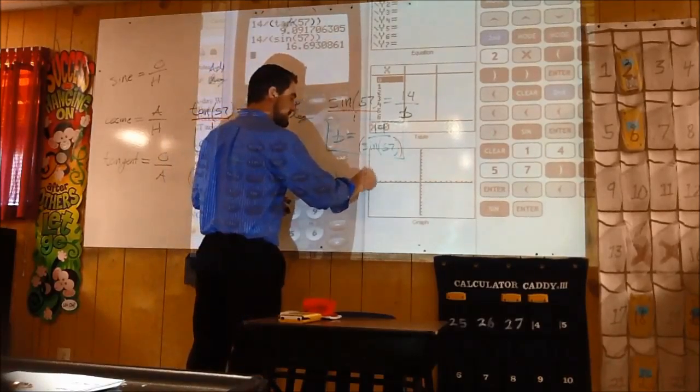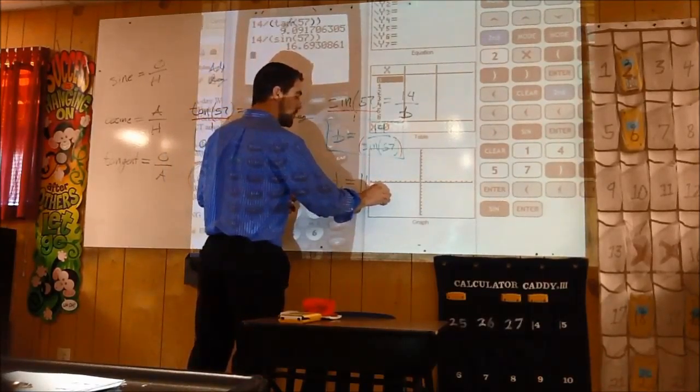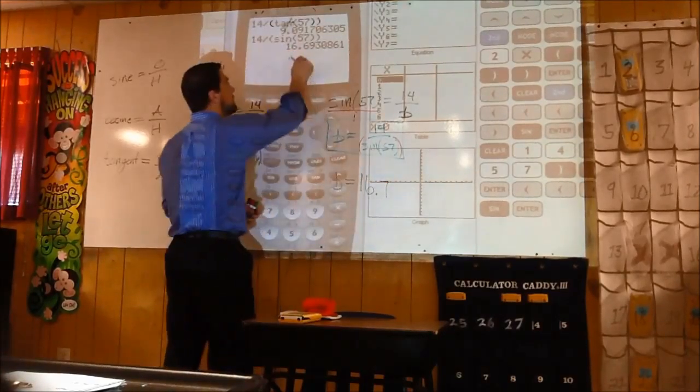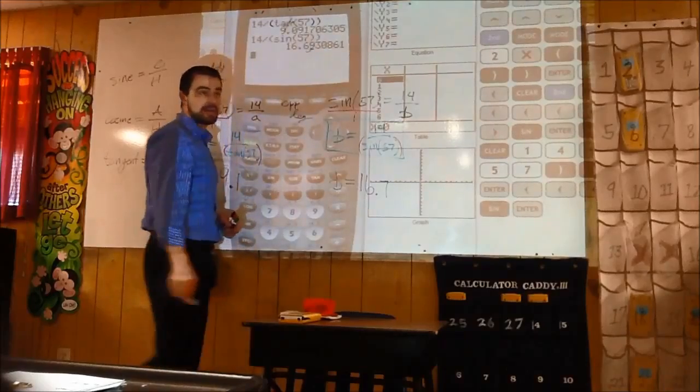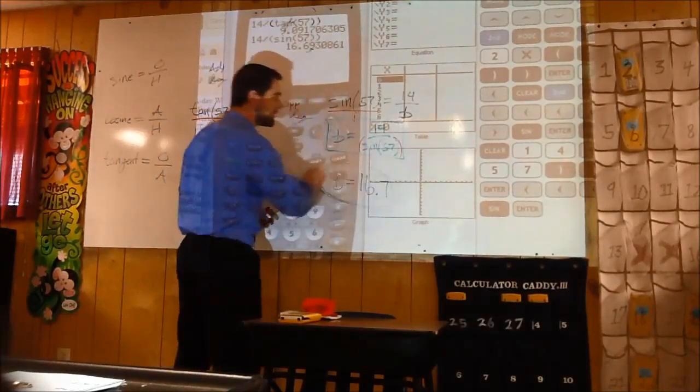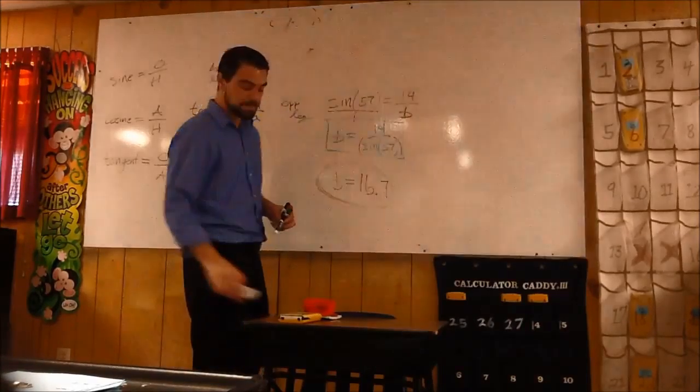So I've got 16 point. Is it going to stay 6 or go up to 7? Go up to 7, because the number next to it, which is a 9, is 5 or greater. I'm going to circle that number because it's rounded.